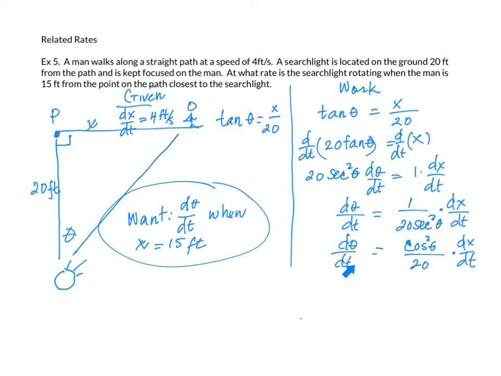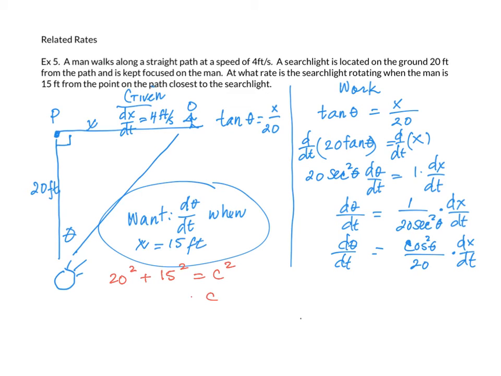In order to get the final answer, d theta dt, we need to find out what cosine of theta is. So using the right triangle, we have the base, the height, and the hypotenuse. Given x equals 15, we need to find the hypotenuse because cosine of theta is adjacent over the hypotenuse. So using the Pythagorean theorem, 20 squared plus 15 squared equals c squared.